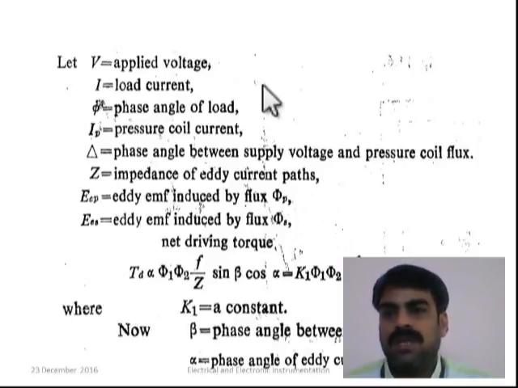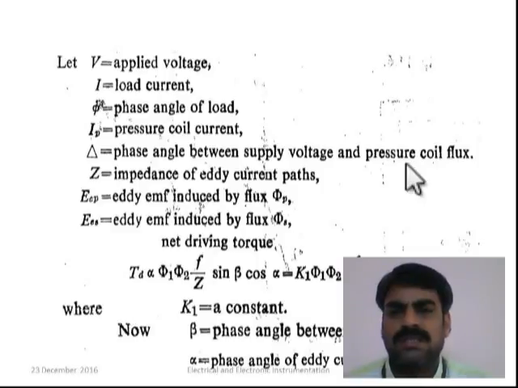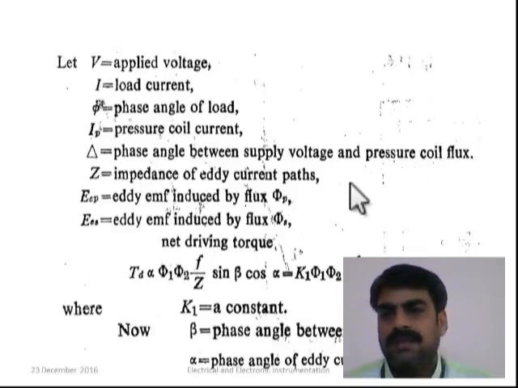V is the applied voltage, I is the load current, phi is the phase angle of load, and IP is the pressure coil current, and delta is the phase angle between supply voltage and pressure coil flux. Later we are going to consider this as 90 degrees. Z is the impedance of the eddy current path, and the other two parameters are the eddy EMFs induced by fluxes phi 1 and phi 2. Here it is written as series and pressure coil.